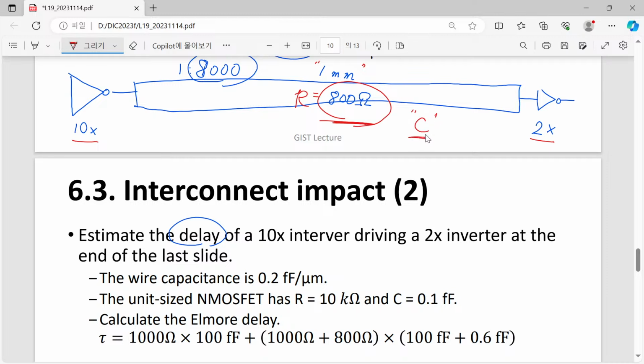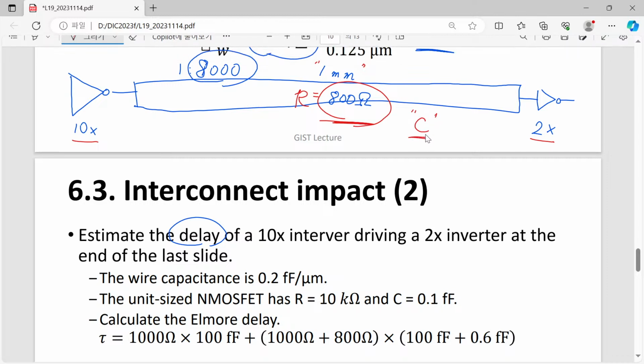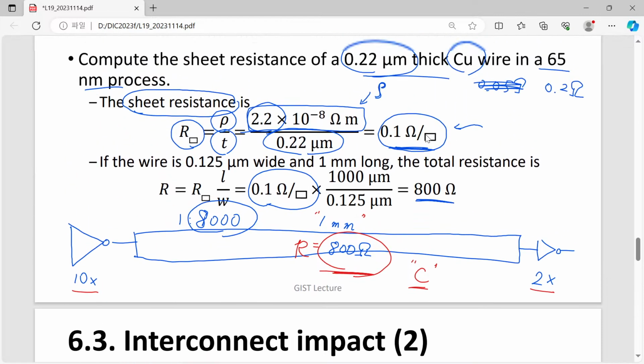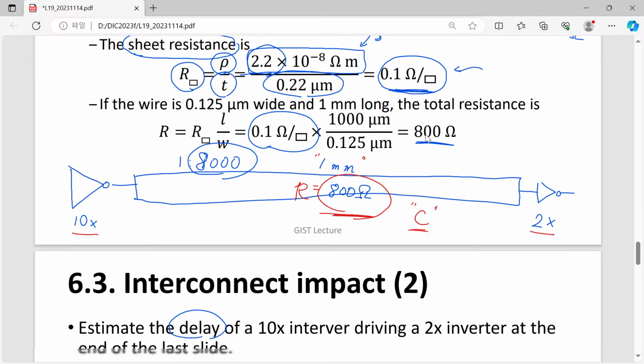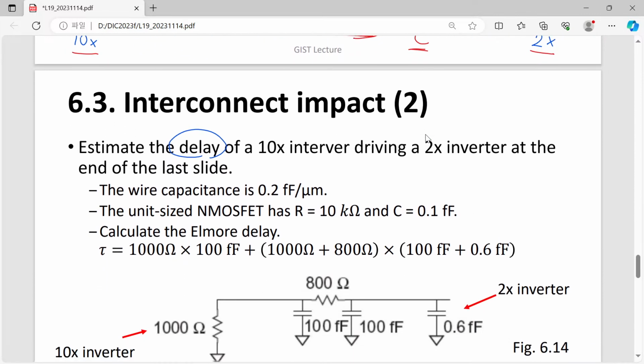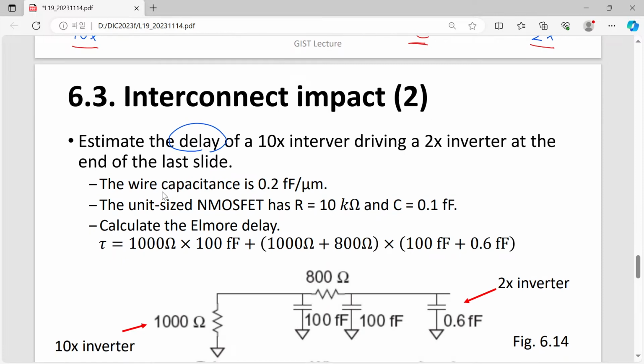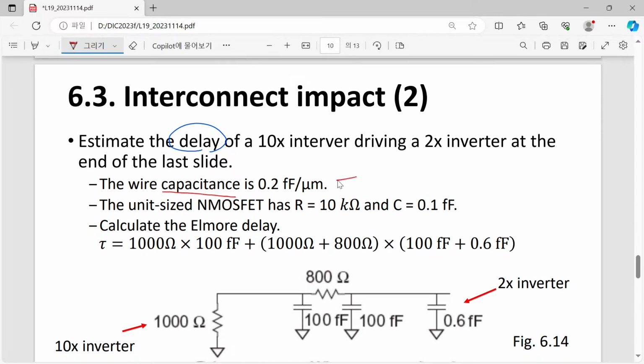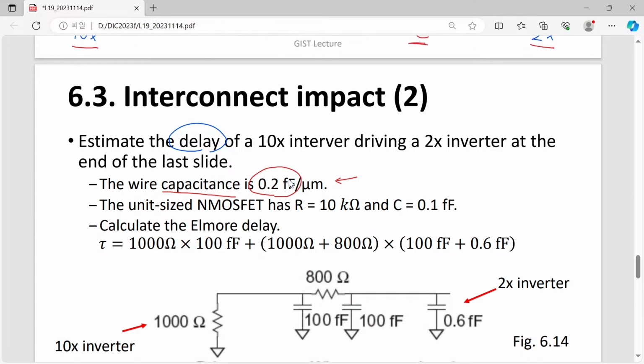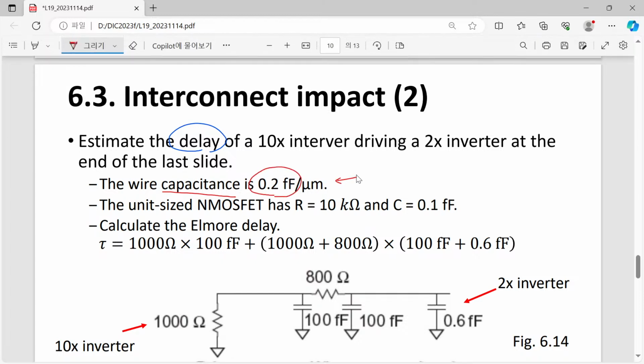How can we find the capacitance? With only this information we cannot estimate the capacitance. We need a specification about wire capacitance. That is given here: a 1 micrometer long line will contribute 0.2 femtofarad. Why? It is given by the specification.